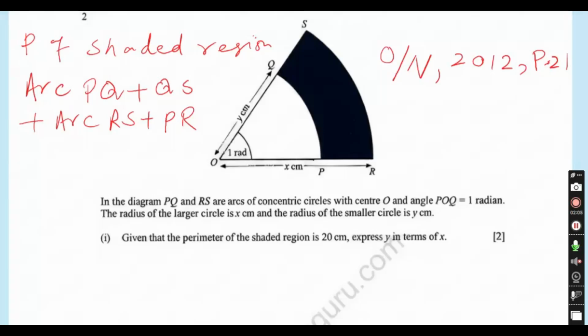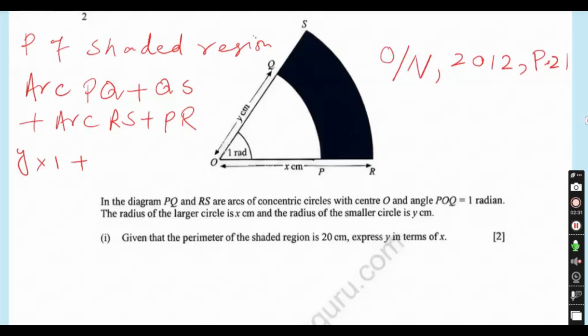How to find the arc length PQ? The formula of arc length is r theta. For sector PQ, the radius is y and the theta is 1, plus the length of QS. The radius of the big sector is x and the radius of the small sector is y.